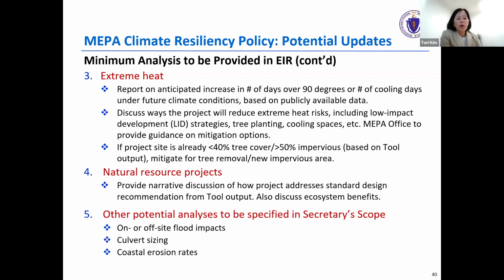And then, as some of you know, there are some other potential analyses that we have already required on a case-by-case basis, on and off-site flood impacts being a key example, and the sizing of culverts in coastal erosion. So we're not intending to standardize or require this form of analysis for every single project, but on a case-by-case basis, that would be required through scoping as well. Next slide.